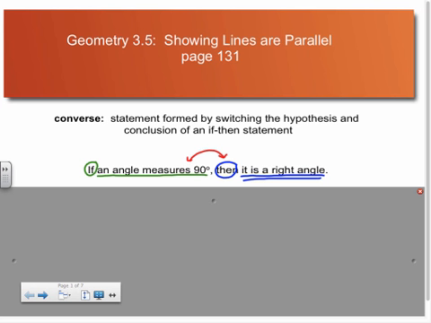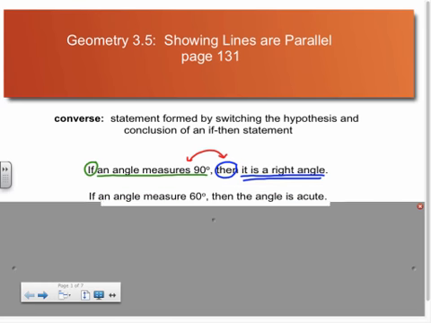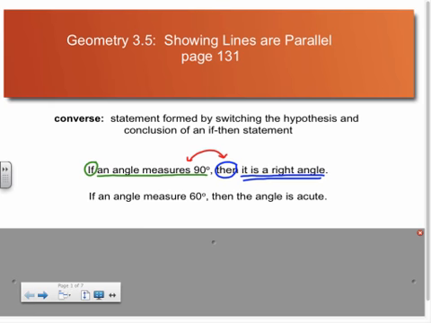So by switching those two parts around, I create a new if-then statement that isn't necessarily true. In this case it is, but let's look at another one where the converse doesn't work. So here I have the statement, if an angle measures 60 degrees, then the angle is acute. The hypothesis is an angle measures 60 degrees, and the conclusion is the angle is acute.